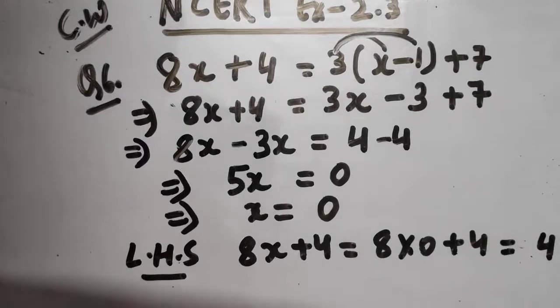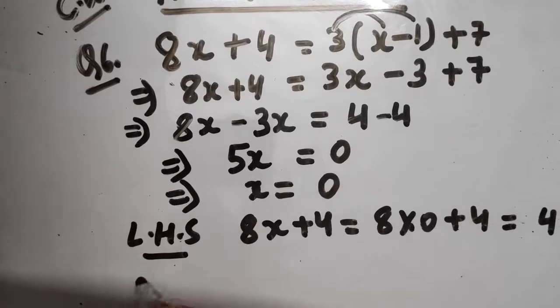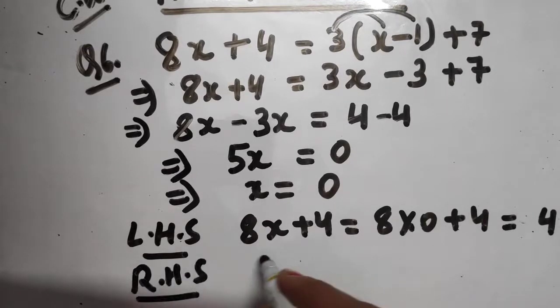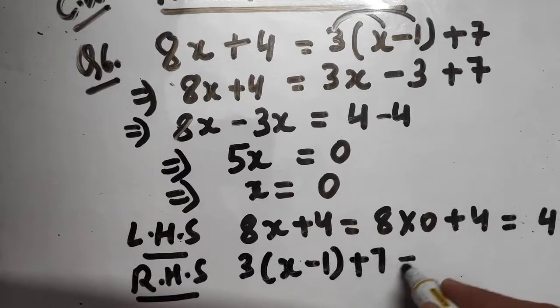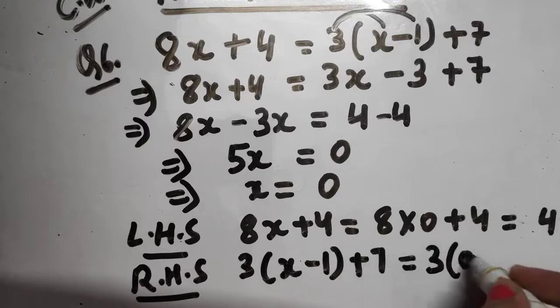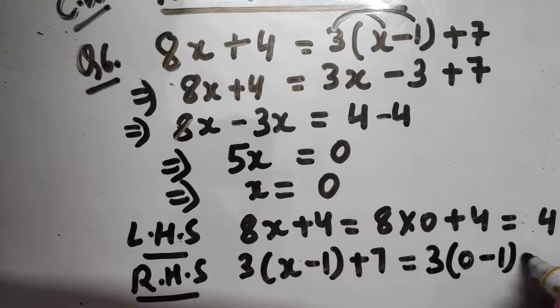Talking about the right hand side, I am solving the right hand side. Right hand side is 3 into (x minus 1) plus 7, that is equal to 3 into (0 minus 1) plus 7. So this 3 is to be multiplied by 0 as well as by minus 1.